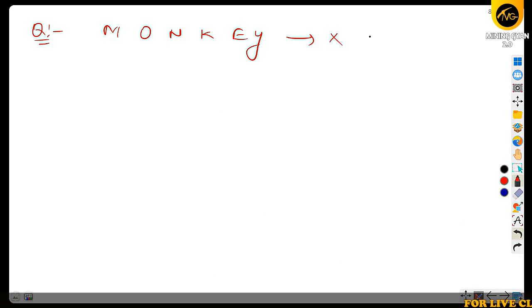Suppose there is one question: the word is MONKEY, which is decoded as X, D, J, M, N, L. So MONKEY is decoded as X, D, J, M, N, L. Then how can you decode the word TIGER?